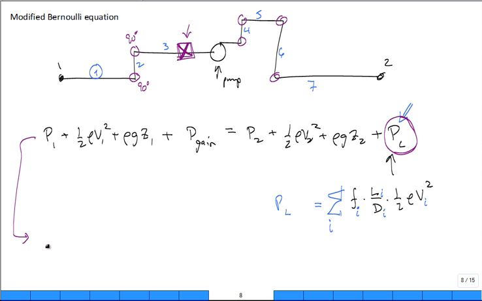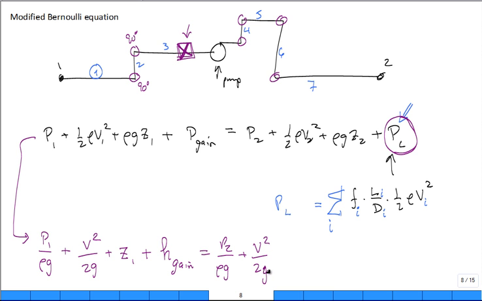Modified Bernoulli, in head, you have P1 over rho g plus V squared over 2g plus z1 plus any head gain equal to P2 over rho g plus V squared over 2g plus z2 plus any of these losses, which would just be writing that equation that I have on the other page, both the majors and the minors for your losses.